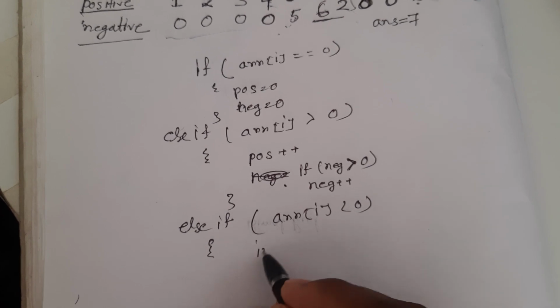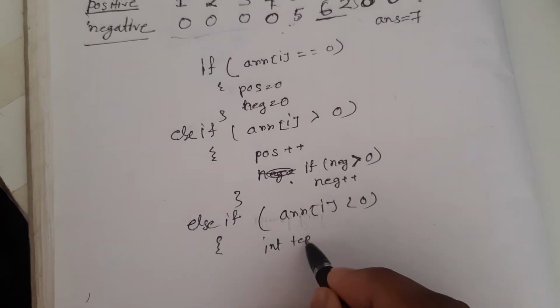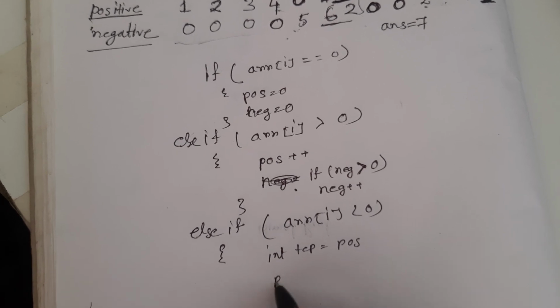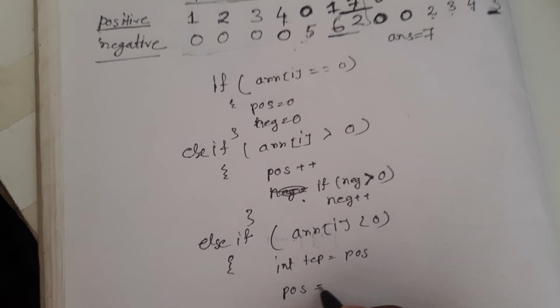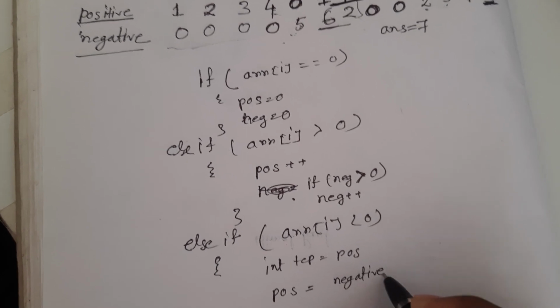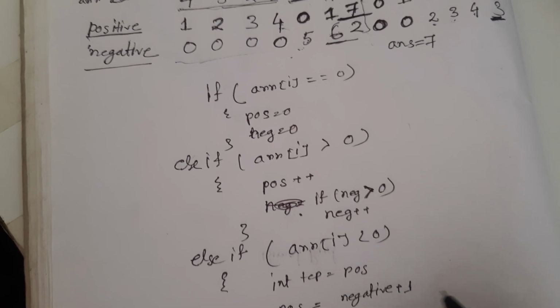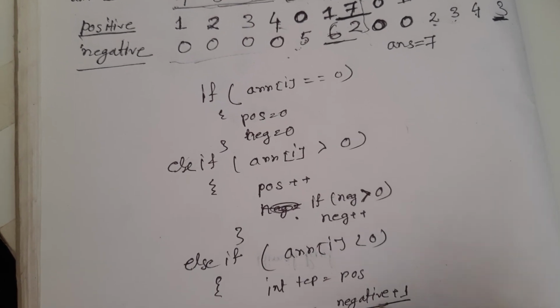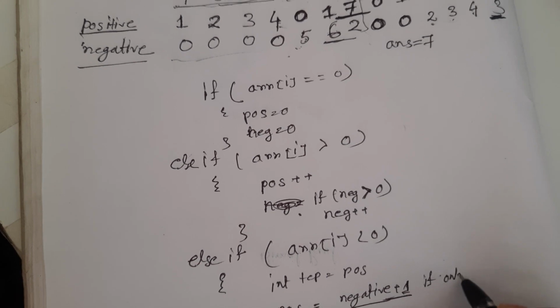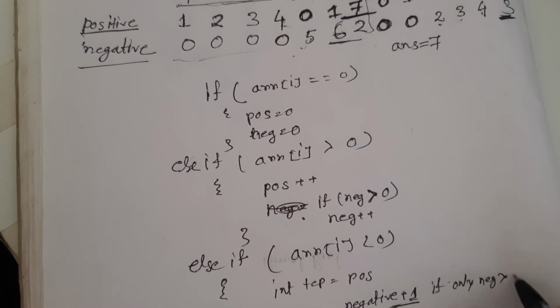At first we will store the positive value in a temp variable, then the positive value would be the negative plus 1, but this is only if the negative is greater than 0.